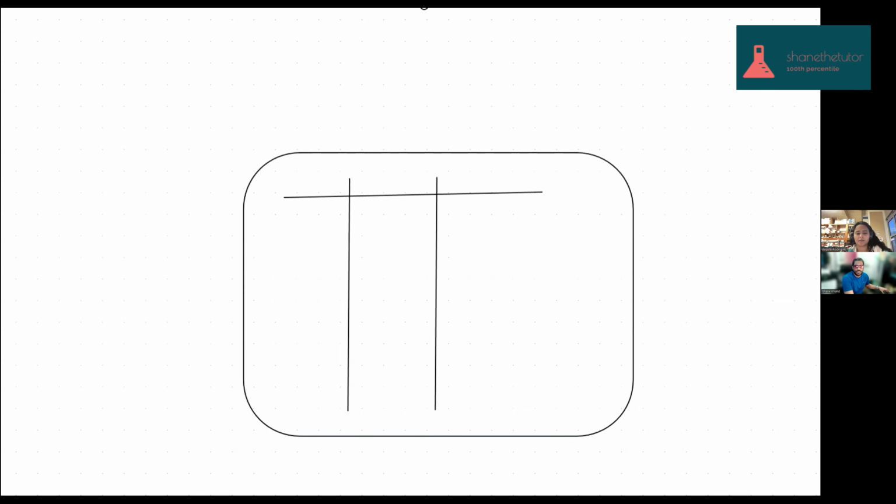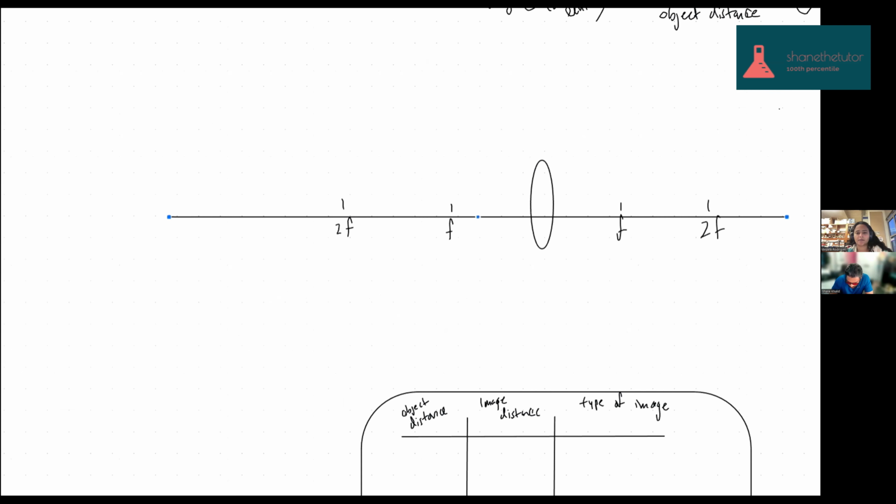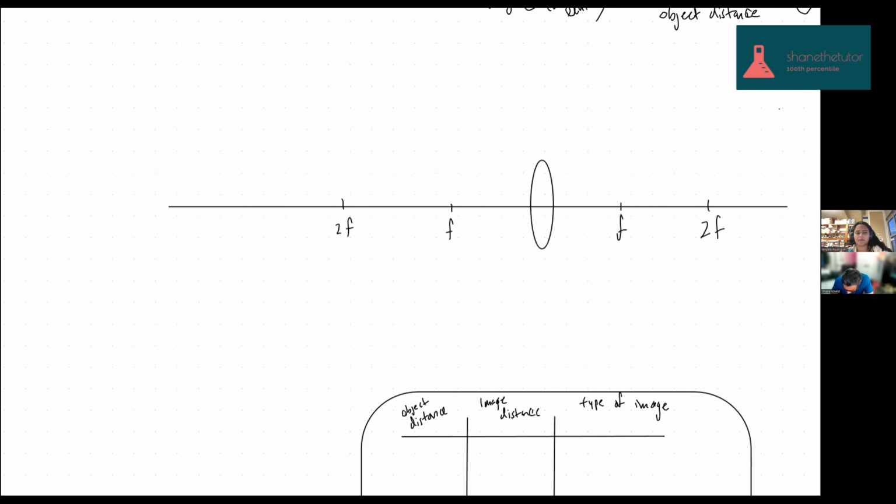Okay, let's start off with, let's say this point here is infinity, like infinite distance. And let's say at infinity, we have this upright image here.